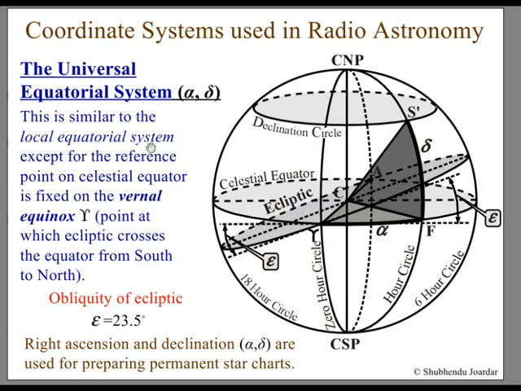This is similar to the local equatorial system, except that the reference point on the celestial equator is fixed at the vernal equinox, the point at which the ecliptic crosses the equator from south to north. Right ascension and declination, alpha and delta, are used for preparing permanent star charts.